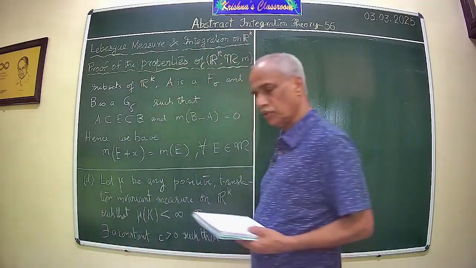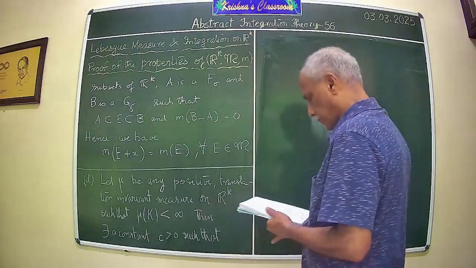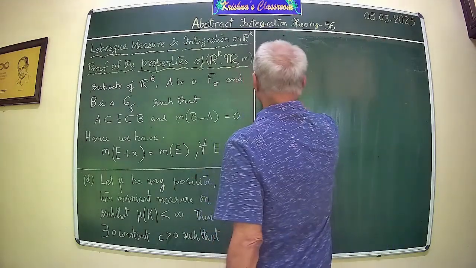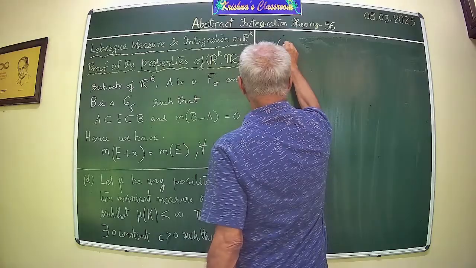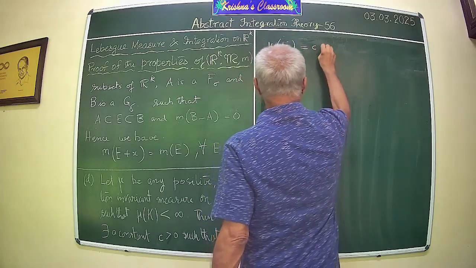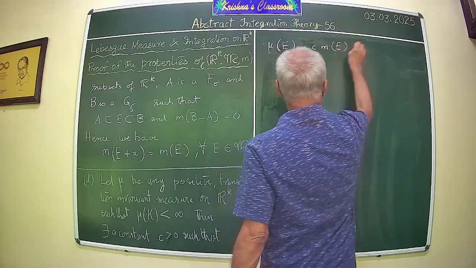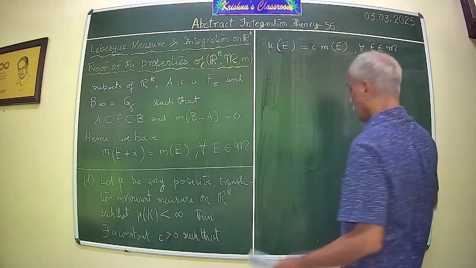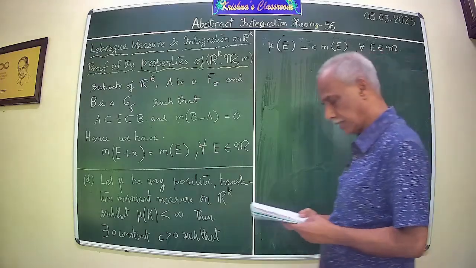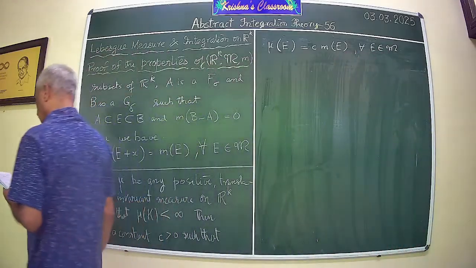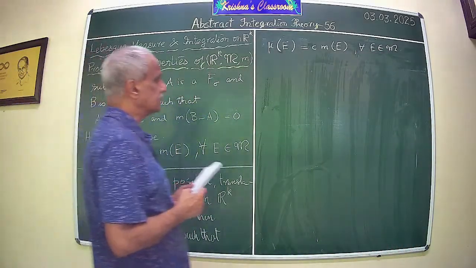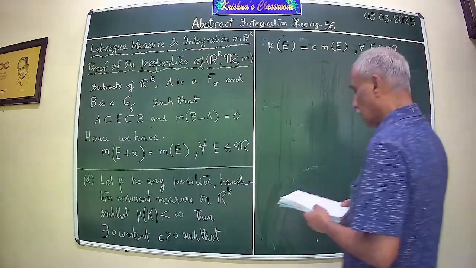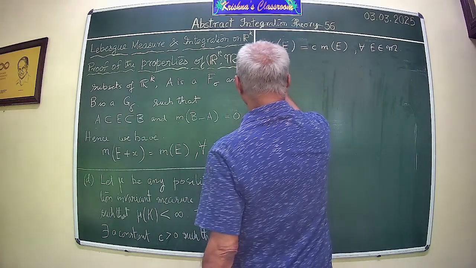C greater than 0, such that mu of E equals C times m of E. Okay. Let us work out this. How do we prove this? So we go to the proof of this.